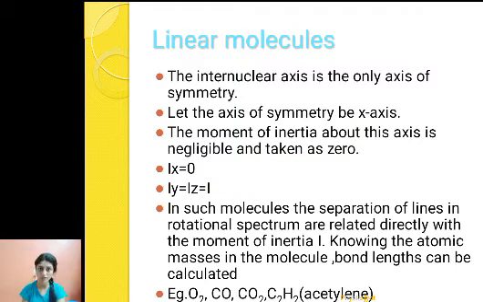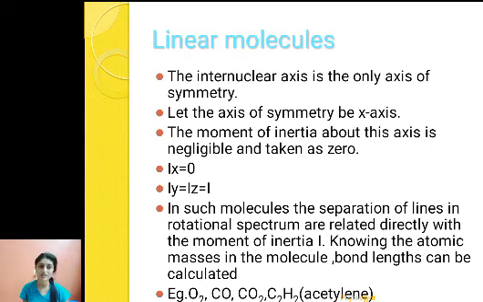First, the linear molecule. In the case of linear molecules, the internuclear axis is the only axis of symmetry. What is the internuclear axis? It is the axis which joins the two atoms together in a molecule, or you can call it the bond axis. Suppose we take the axis of symmetry along the x-axis.